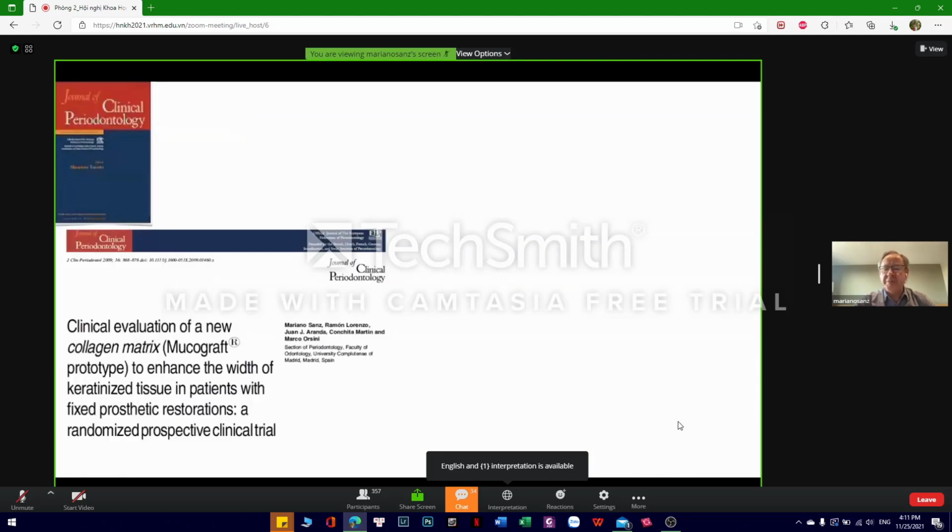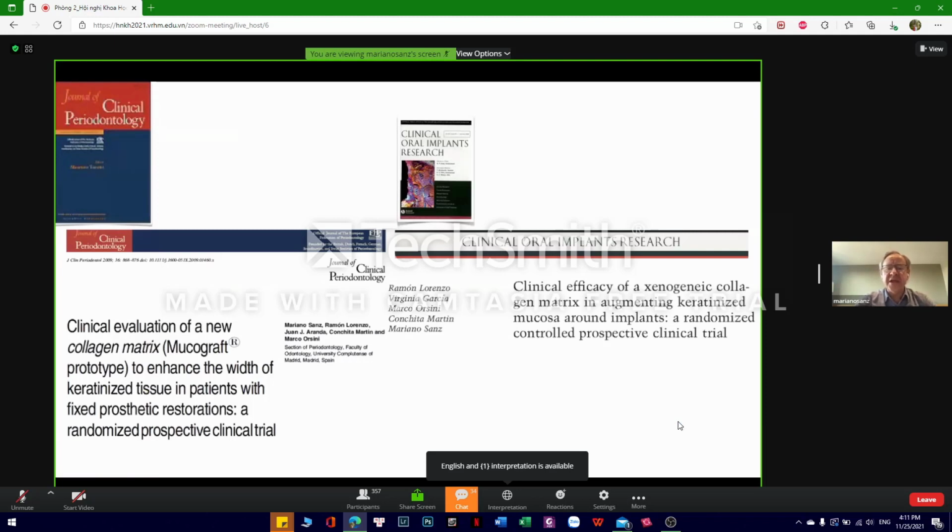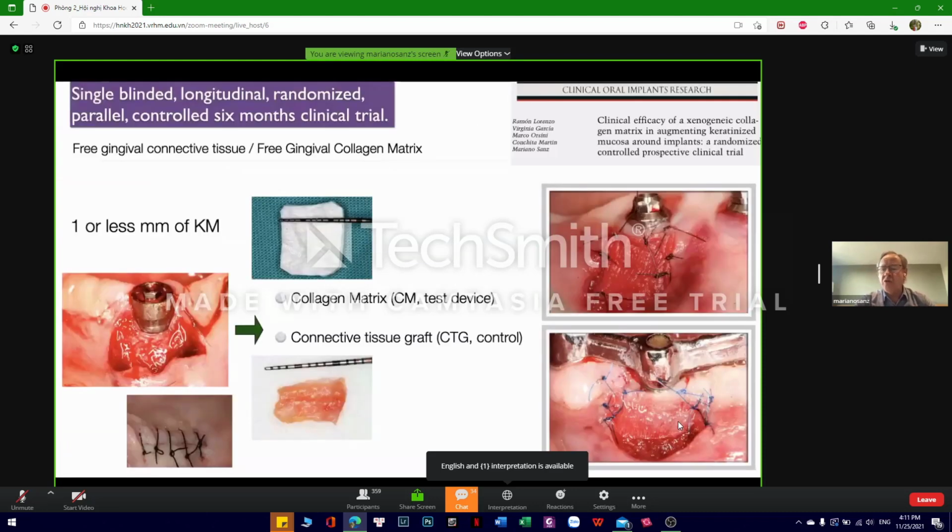Our research group published a couple of randomized clinical trials, basically to compare the outcomes of this intervention using the collagen matrix with connective tissue graft. According to this randomization, one group was treated with a connective tissue graft harvested from the palate, and the other group with the collagen matrix.